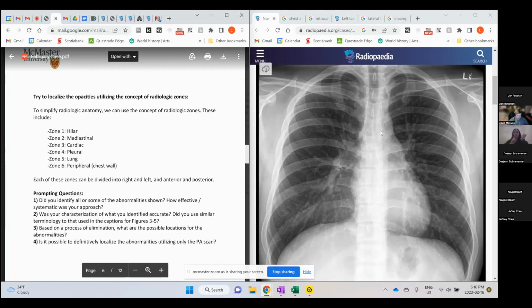You can have lymphoma, thymic tumor, germ cell tumor, forgetting what else. Oh, like thyroid, like goiter, and you can also have an aneurysm that makes it look widened. So that's why we try to be as accurate and as specific as we can.